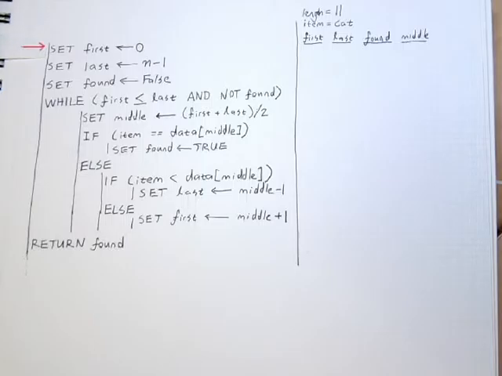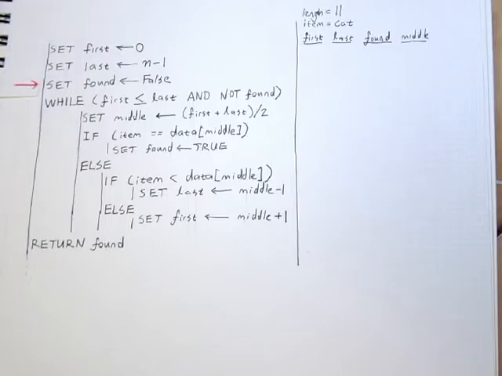Stepping through the code, the first thing we do is set first to 0. And once that's done, we set last to length minus 1. Length here is 11. We set found to false. And now we begin looping.